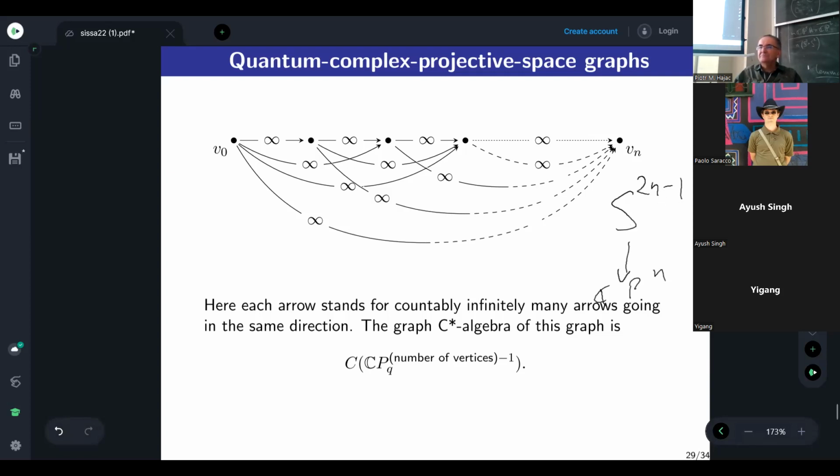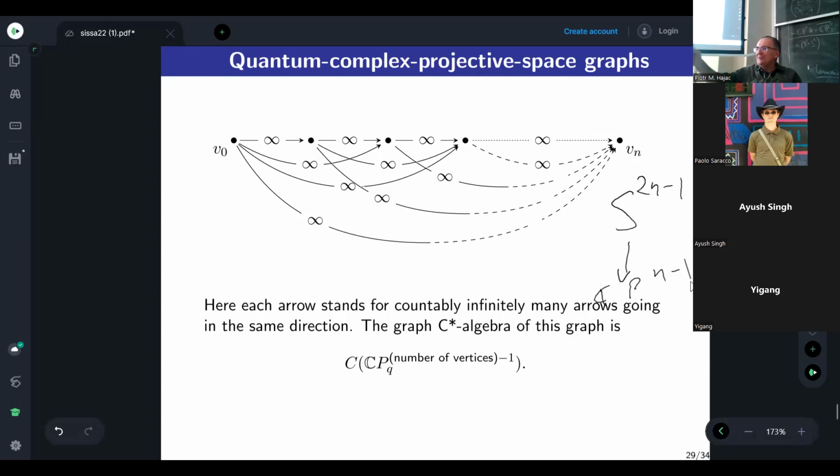Hmm? You speak at the same time, so I don't understand. Not the geometry, this set of lines. Yes, it's one of many equivalent definitions, but I think it's 2n plus 1. No, it's 2n minus 1, so n minus 1, not plus 1.